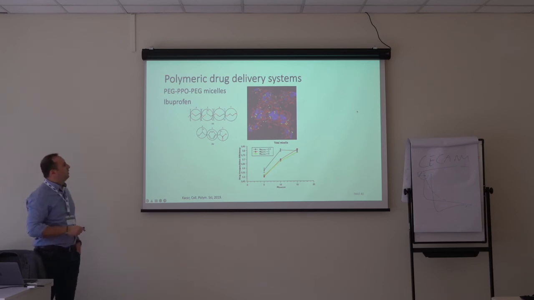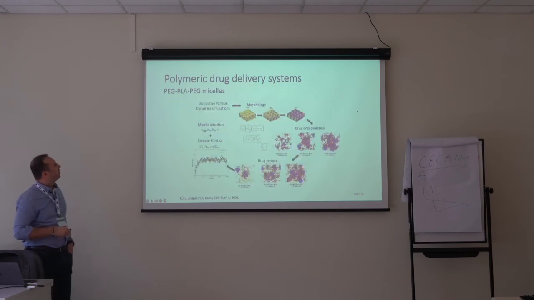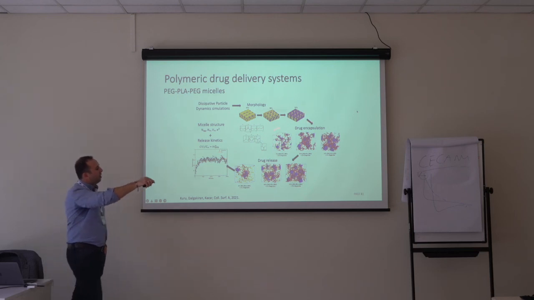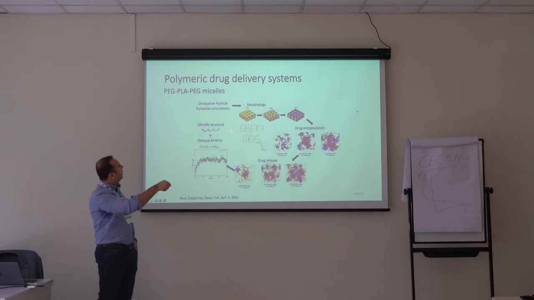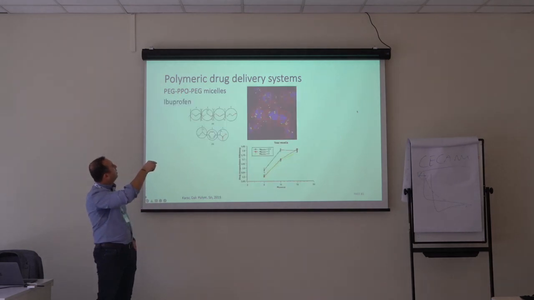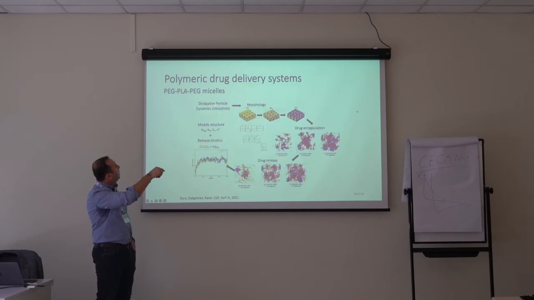It's just a toy model, because at that time I was just getting into that field. But with DPD, you can see all kinds of morphology, you can get the phase diagram, and you can have quantitative information about drug encapsulation for different systems and different block polymers. So this is PLA. The hydrophobic group is PLA. Here it was PPO, polypropylene oxide.